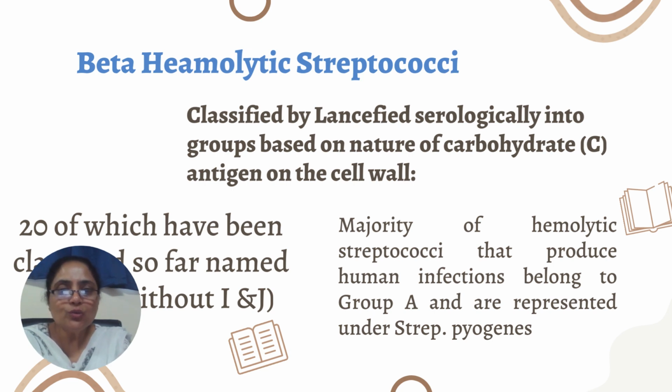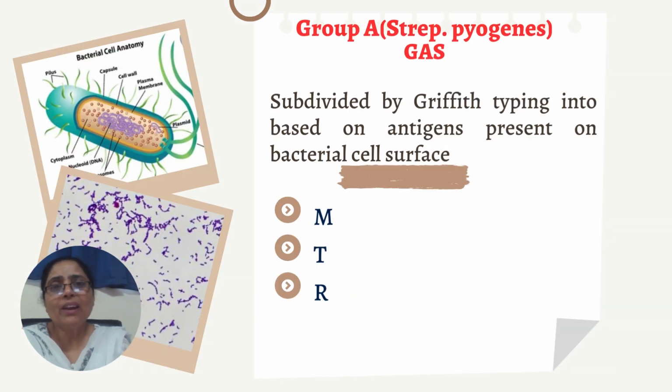Moving on to the next slide, group A Streptococcus pyogenes are also called GAS, and this is further divided by Griffith. Griffith typing was done on the basis of the antigen present on the cell surface, and they have been classified into M, T, and R.